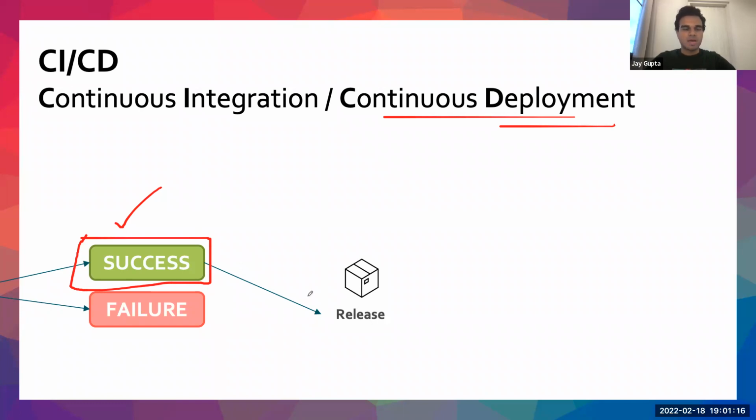Suppose we have a successful build or test, or a successful CI pipeline, then we will release the software. Release basically means that we have a final version of the software that is released to the end users. Once we have that release ready, we will deploy it. Deploy, in very simple terms, can just mean we are deploying it on a live server, or deploying the application on a specific environment.